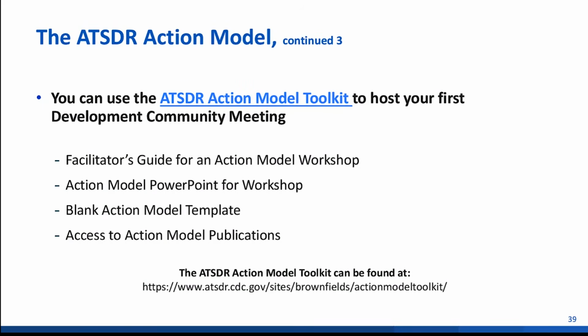The Action Model Toolkit includes guidance for meeting facilitators, an adaptable ATSDR action model PowerPoint, and a blank action model form. You can download these and adapt them for your first workshop or meeting. Publications about the ATSDR action model are also provided under the Resources tab in the toolkit.